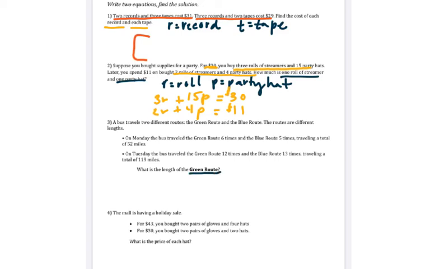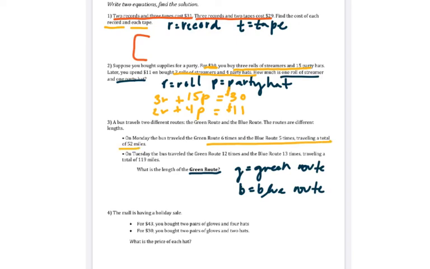So we know one variable, G, we'll use for the green route. So if one variable is the green route, the other variable has to be the blue route. So now, just as if you were grocery shopping, you are going to pick up these numbers and write them as you go.